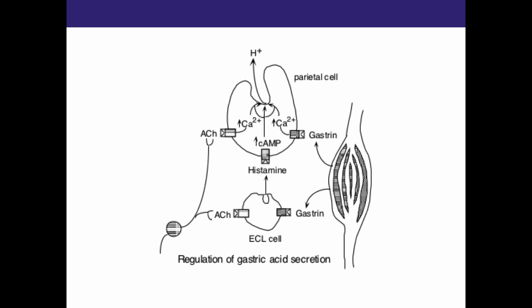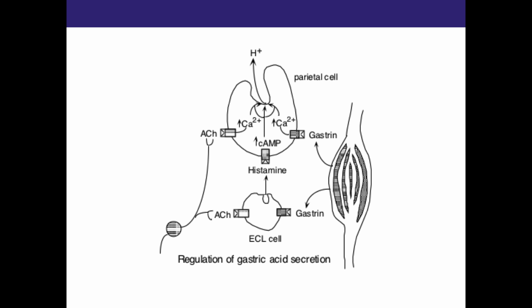So what potentiation means is if you just trigger the parasympathetic neurons, you're going to get a little bit of acid secretion. If you just have gastrin on board, you're going to get a little bit of acid secretion, or just histamine. But when all three are on board, this is the trifecta, and the amount of acid secretion is greater than the sum of the individual parts.